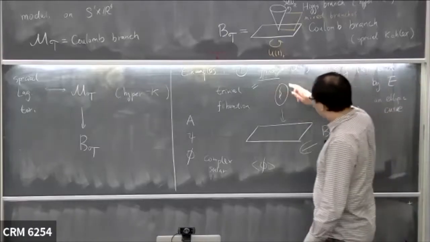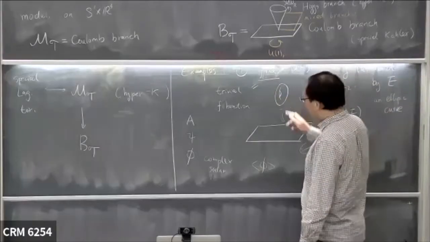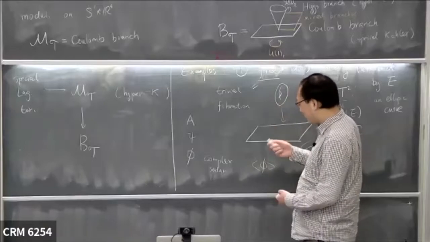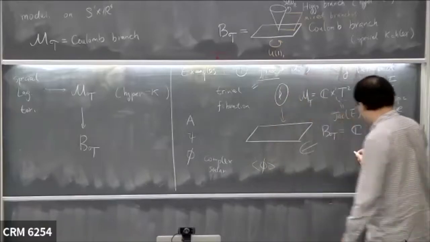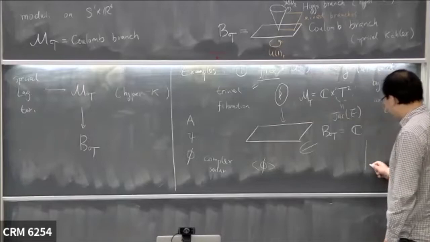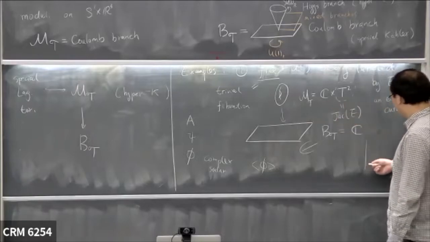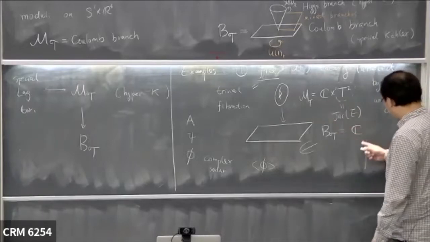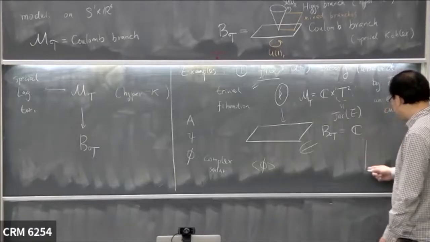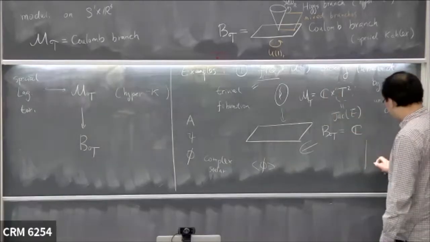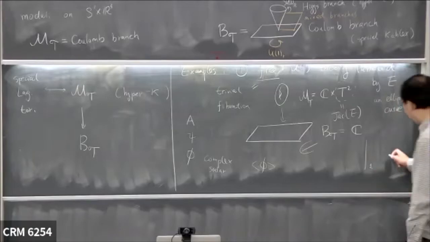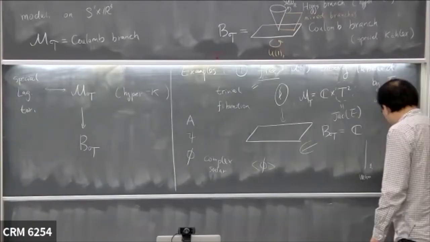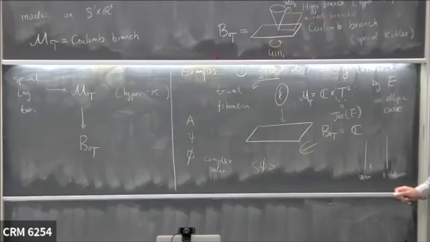Okay, so what are those? Those are now related to line operators. In the theory, they are going to be Wilson lines, so we can just look at the Wilson line labeled by the representation with charge 1. There is actually a different kind of line, known as 't Hooft lines, associated with magnetic monopoles.